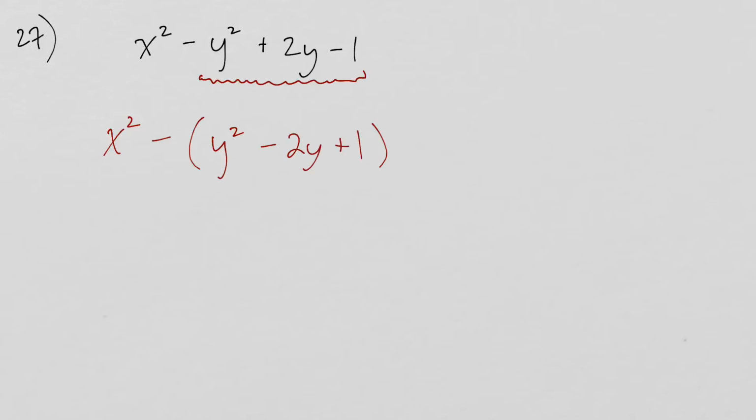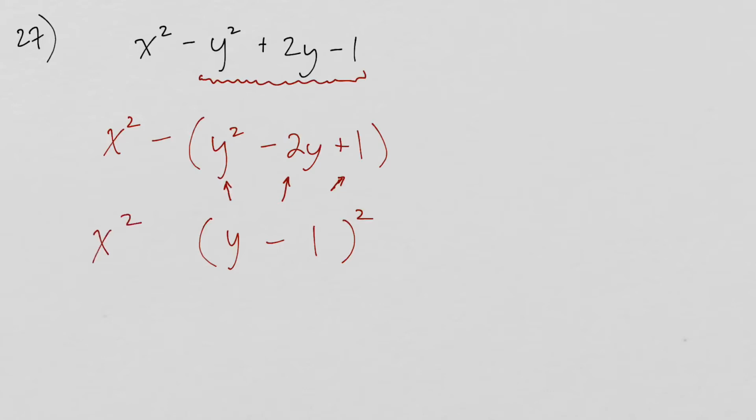So that I can treat this all as one group. And this is a perfect square. The square root of the first item goes first, the square root of the last item goes last, and the sign in between them goes there. Twice the product of those two things really is my middle term, so this works.